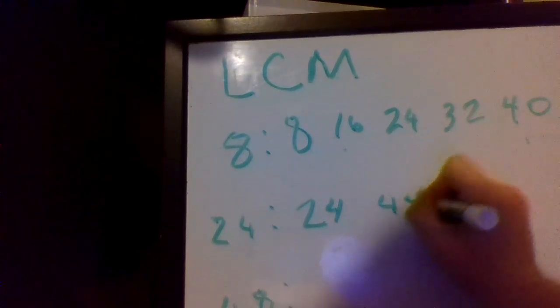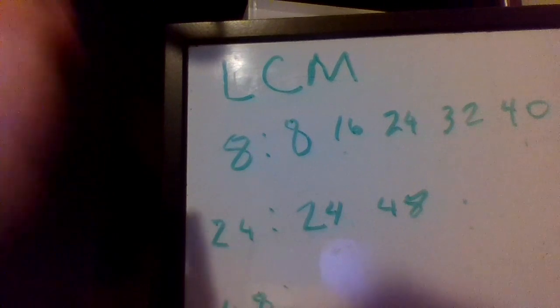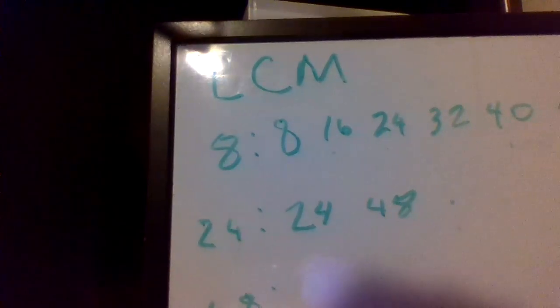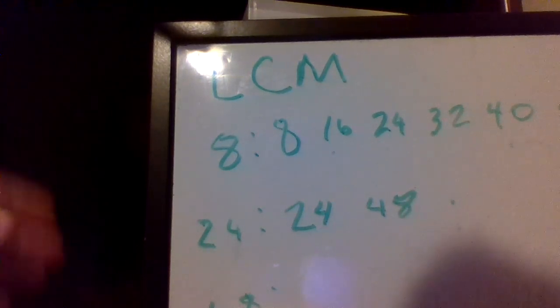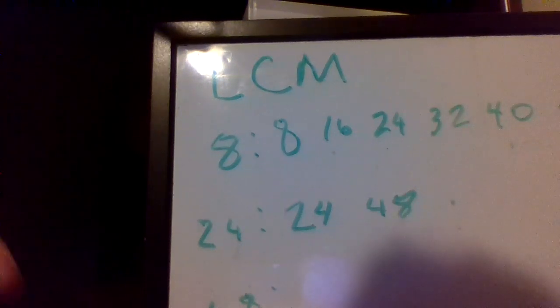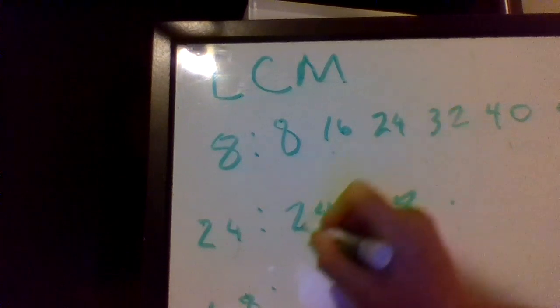Alright. Now we're going to stop there. And I'm going to show you why we're going to stop there. First of all, this is rather difficult multiplication. You can do it because I know that you're all very, very smart. However, we're going to work smarter and not harder. So we've got a 24 here and a 24 here.